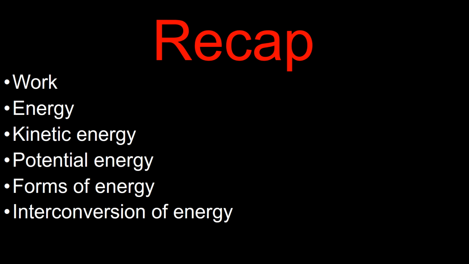Next was the energy and mechanical energy. Mechanical energy has two types, kinetic and potential. Kinetic energy is the energy possessed by a body due to its motion, and its formula is K equals half mv square. Potential energy, the energy possessed by a body due to its position, is known as potential energy, and the formula for gravitational potential energy is equal to mgh.